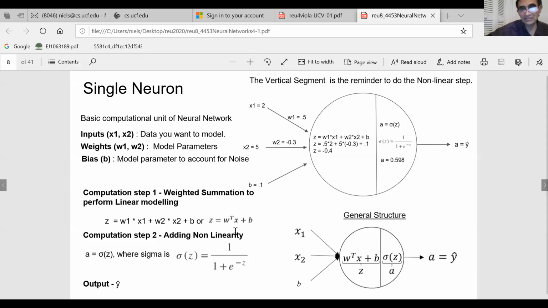So now do you have a better chance of understanding what was going on here with the W transpose and the X? So how big is the W transpose and how big is the X? Is the W transpose 1 by 2 and the X is 2 by 1?